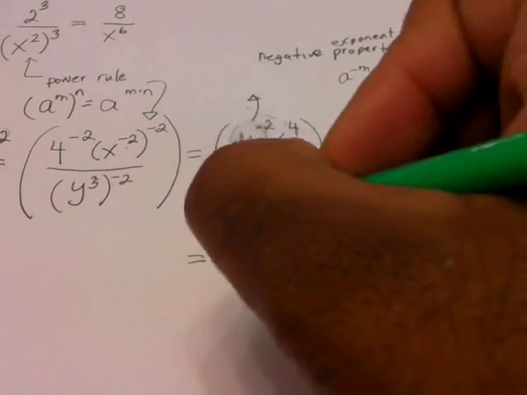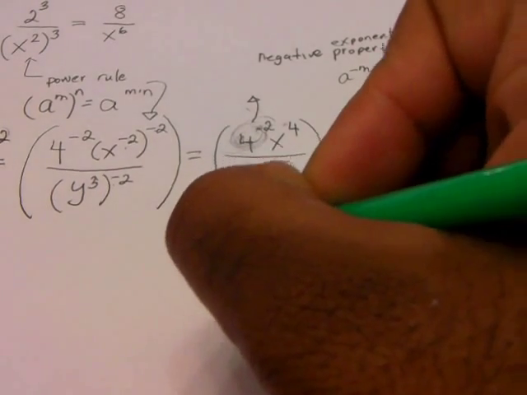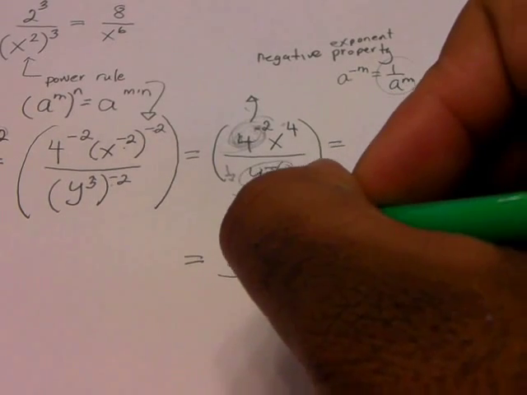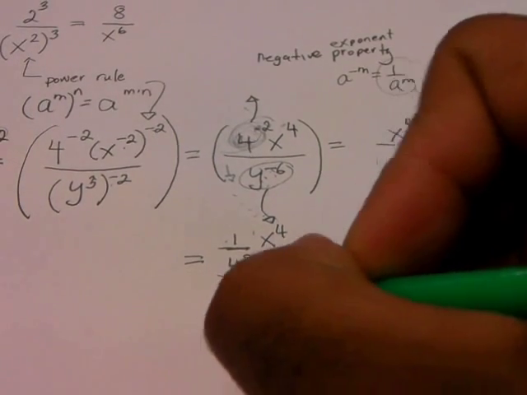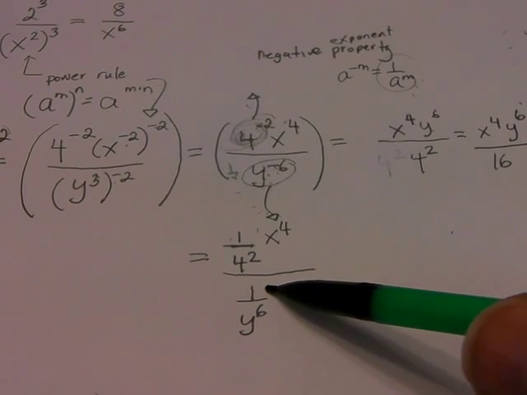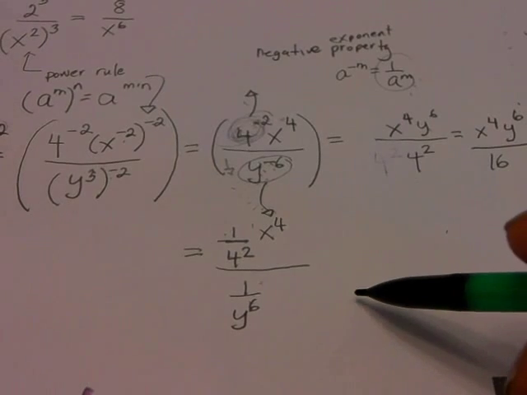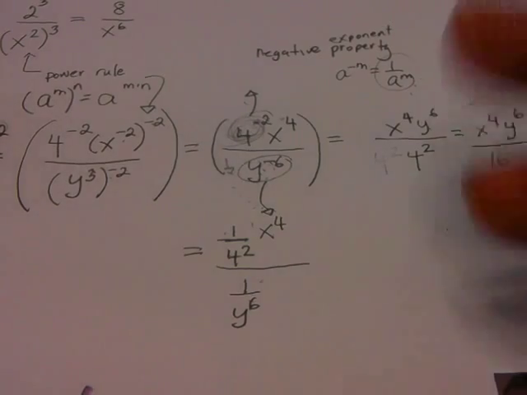So if we write it based upon the formula, you'll have 1 over 4 to the power 2 times x to the 4th, and then you have 1 over y to the 6, all right? So this gives you a type of division between fractions.